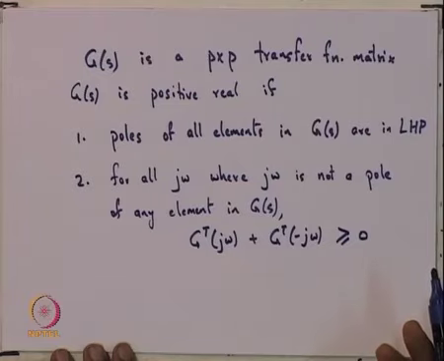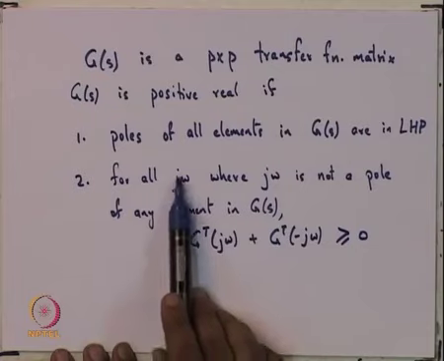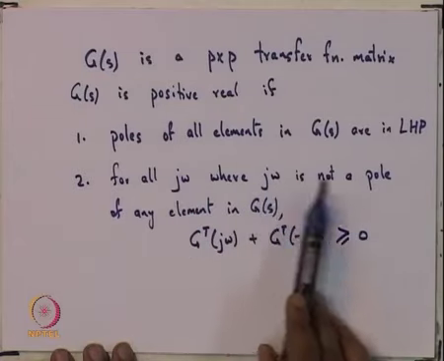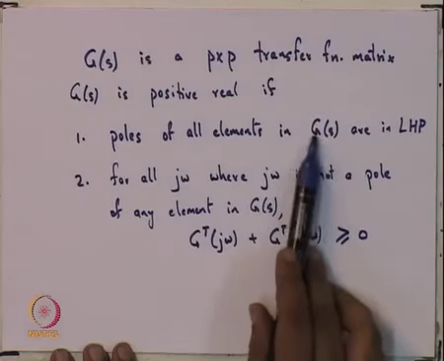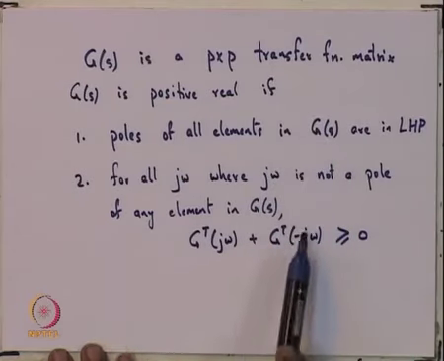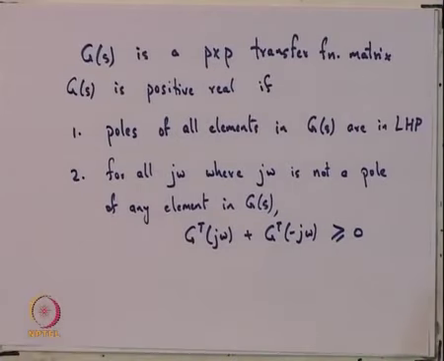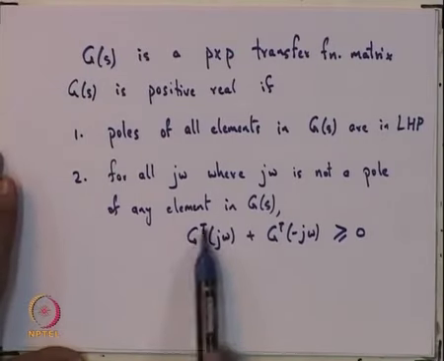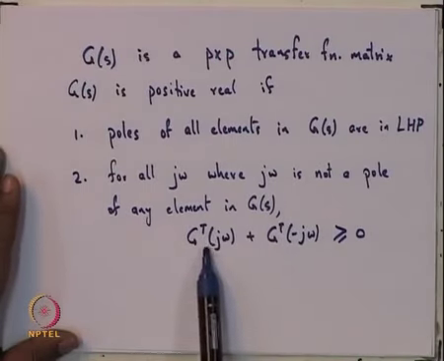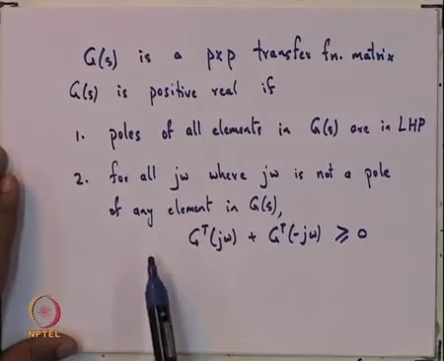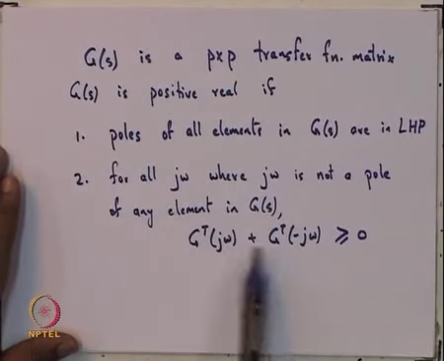Okay. So, what we are saying is for all j omega, where j omega is not a pole: if j omega was a pole for some entry in the transfer function matrix, of course, then this thing will not be very well defined and there are problems. So, you remove all those omegas on the imaginary axis which might be a pole of any one entry of G of s, and for all the others you will have this.